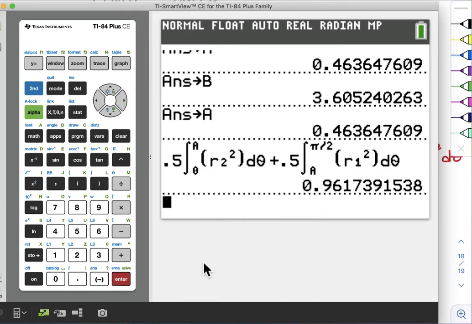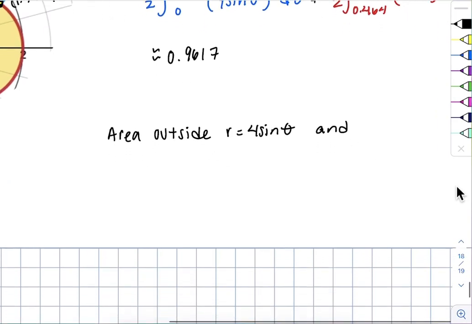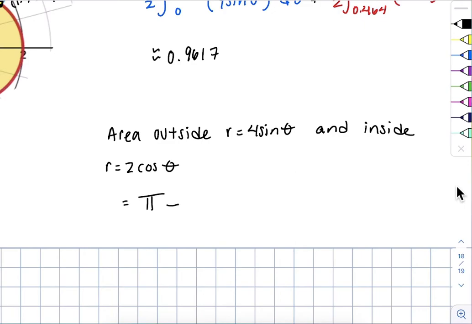So the area of the overlap is about 0.9617. So the area outside of R equaling 4 sine of theta and inside R equaling 2 cosine of theta is going to equal the total area of the circle, so pi, minus the area that we just found.